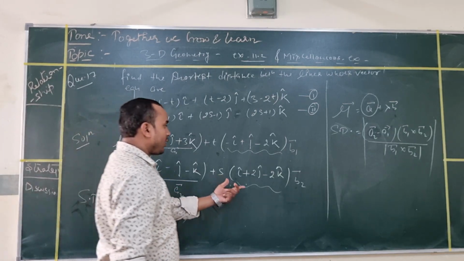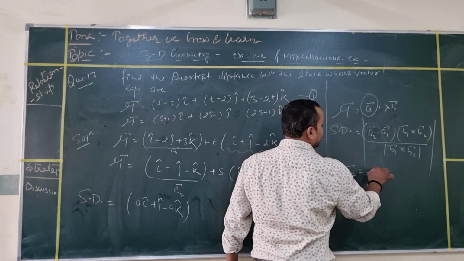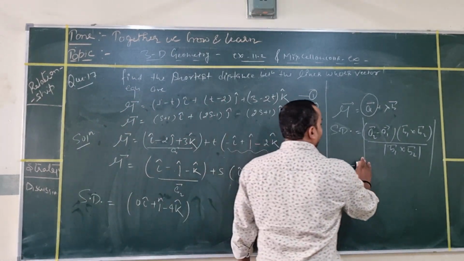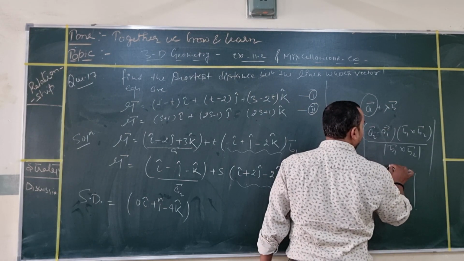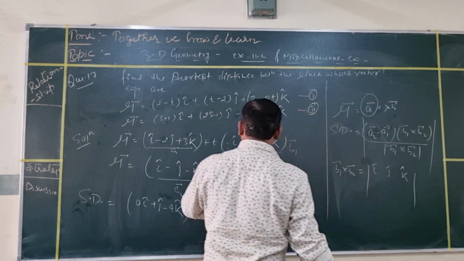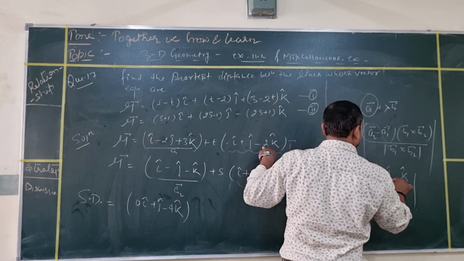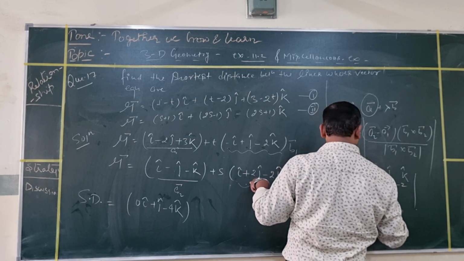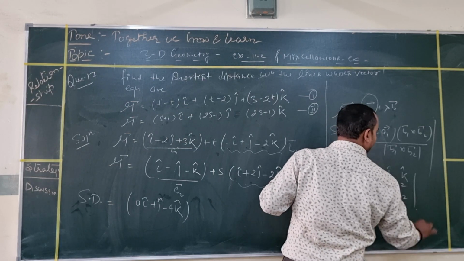What about b1 cross b2? We find b1 cross b2 using the determinant method, with rows i j k cap; the coefficients of b1 are minus 1, 1 and minus 2; and the second row is 1, 2, minus 2.